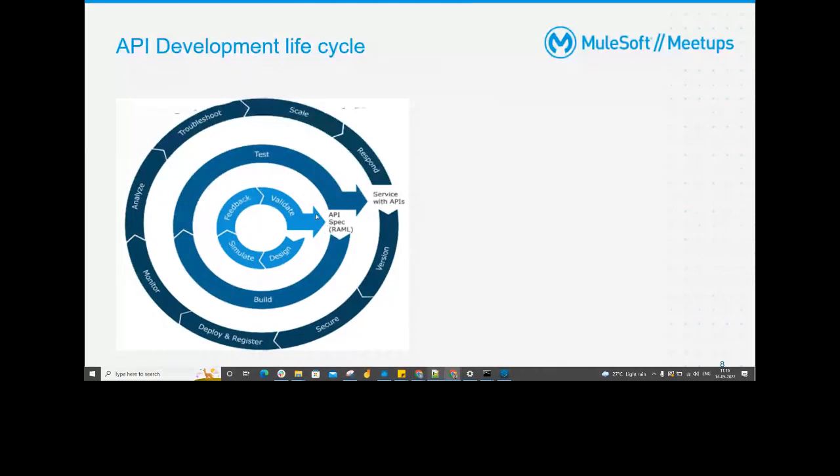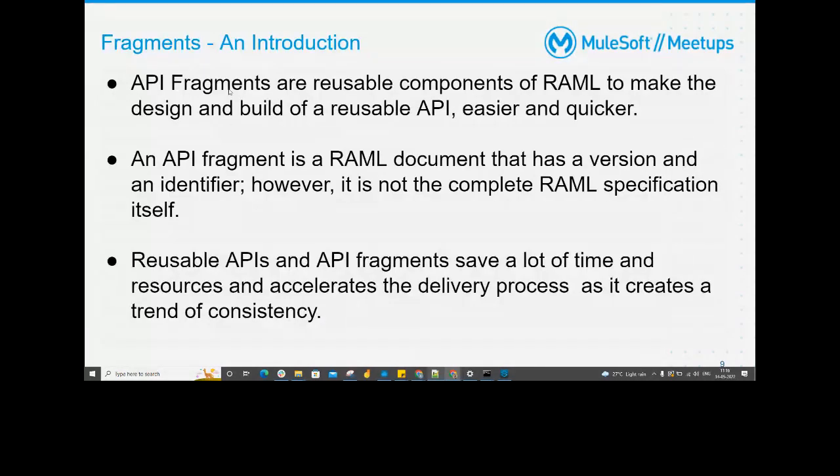So as you can see over here, API fragments are reusable components of RAML to make the design and build of a reusable API easier and quicker. API fragments are not the actual API specifications. This is just a piece of code written in a separate API documentation.